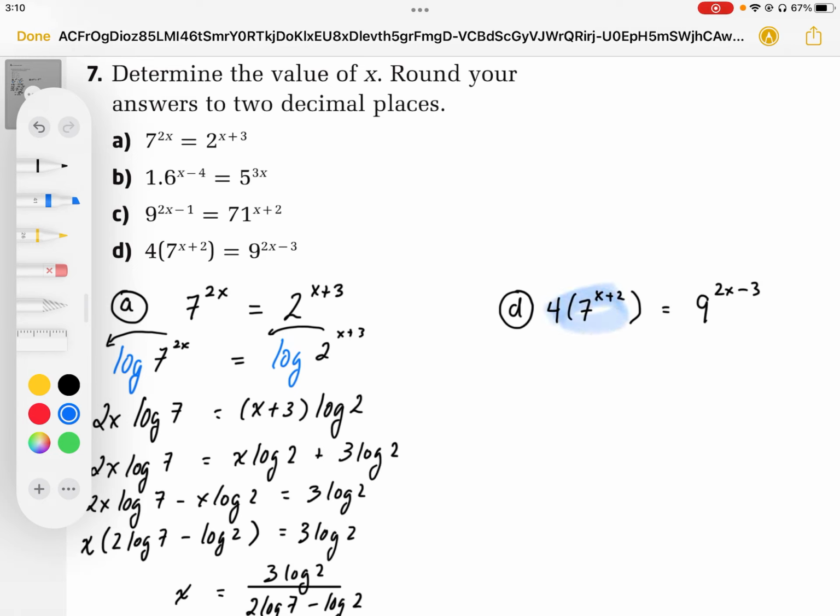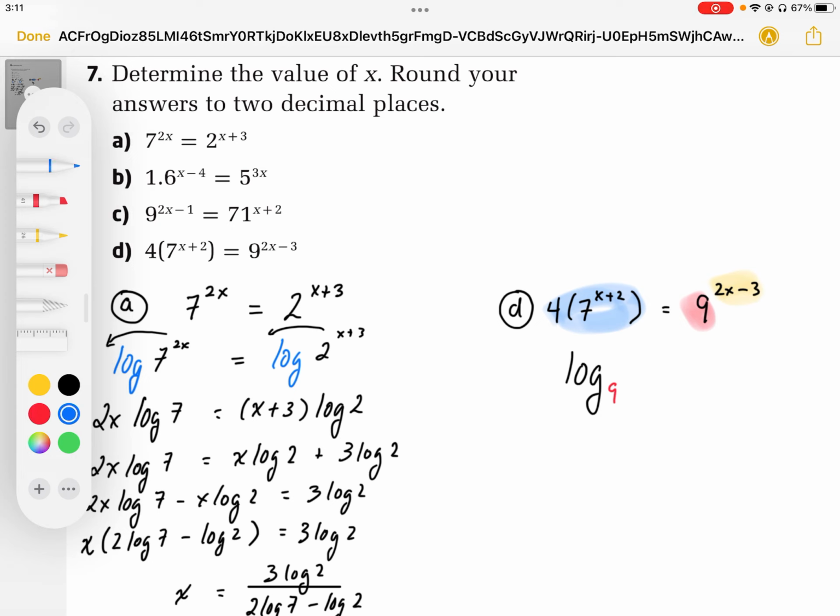We're going to say that this is the argument, this is our exponent, and this is our base. Then we're going to rewrite it with the log expression. So I'm going to say log base 9.